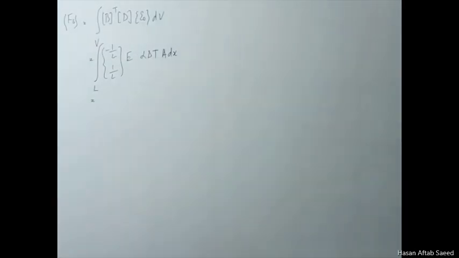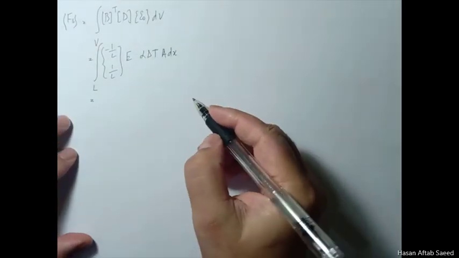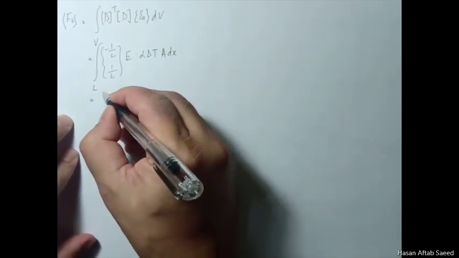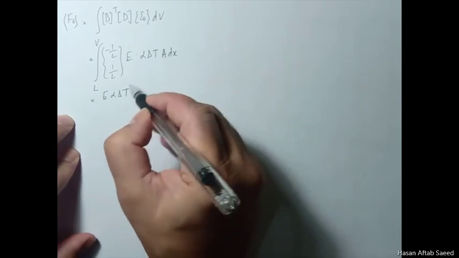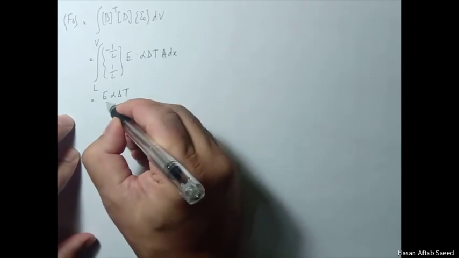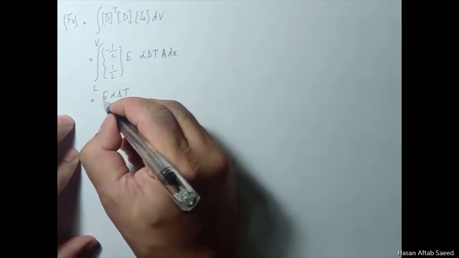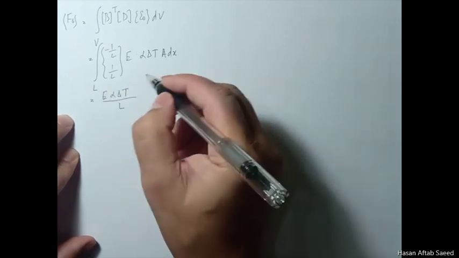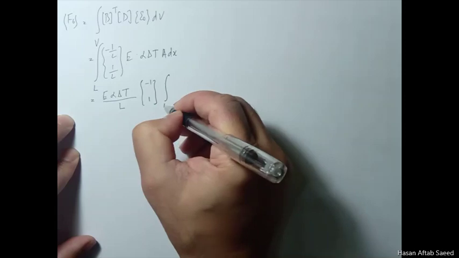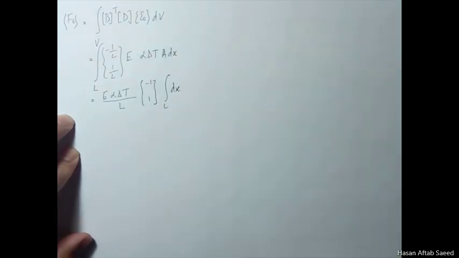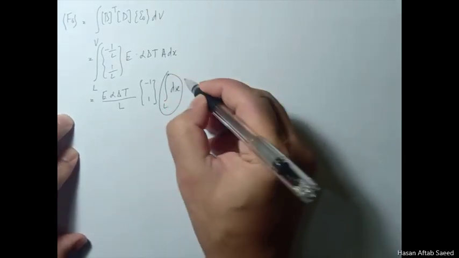If we take the constants out, E A alpha delta T over L, this minus 1 also goes out, and all we are left with is this, which is of course equal to length.